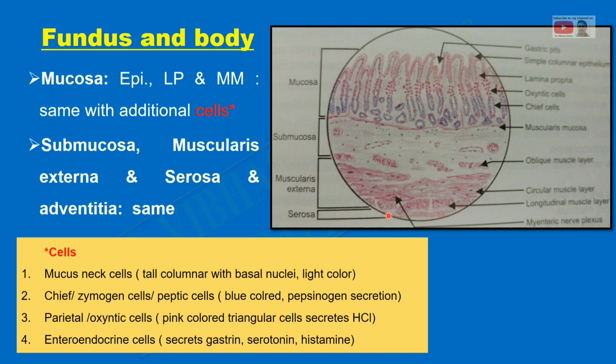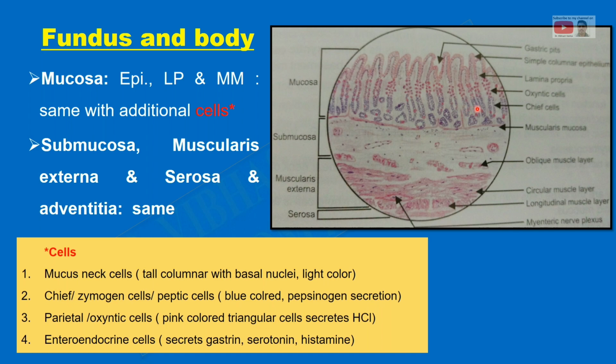Apart from this histological structure, the mucosa has some additional cells. The first are the mucus neck cells, which are present in the neck of the pit, and these cells are tall columnar with basal nuclei and light in color.